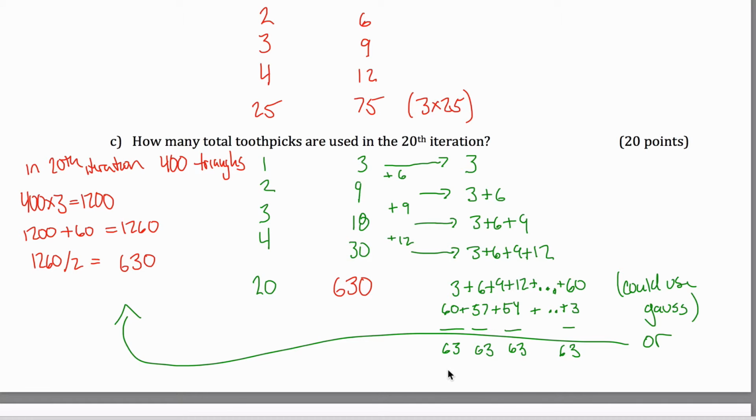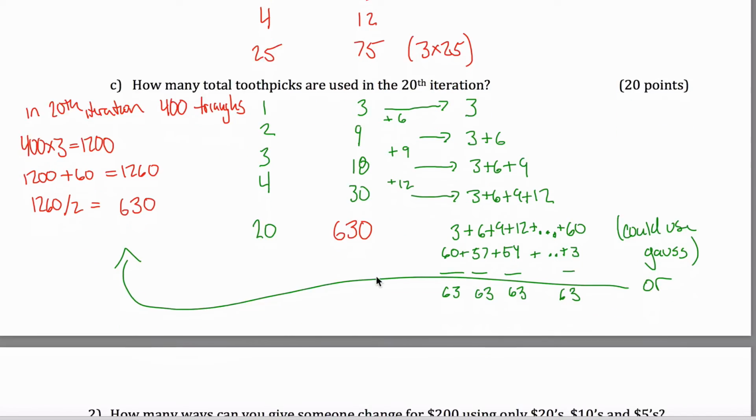So Gauss's method would say that the answer is half of 63 times 20, because adding up 63 20 times is just 63 times 20, but that would be twice my answer because I wrote the sum twice here. So instead of 63 times 20, I'd want half of that, which is 63 times 10, which is this 630 right here. So either of those methods will work. I think this way is quicker. This is the way probably most people solved it in our class, which is fine.